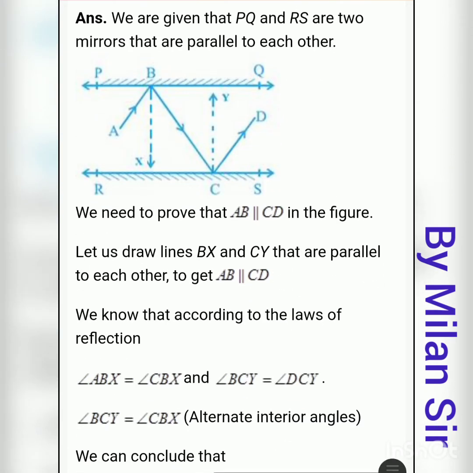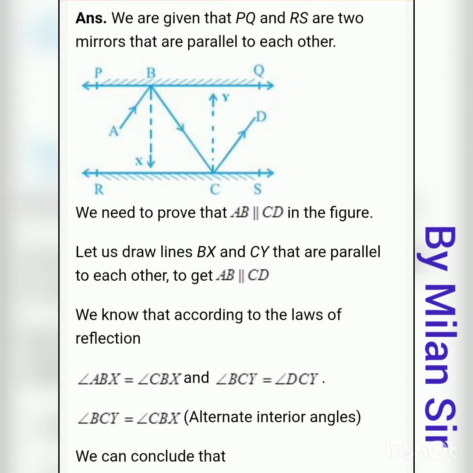The incident ray and reflected ray both make equal angles with the perpendicular. Here the perpendicular line is this BX. So the incident ray makes one angle with the perpendicular, and the reflected ray, that means BC, makes one angle with the perpendicular. So these two angles are the same.